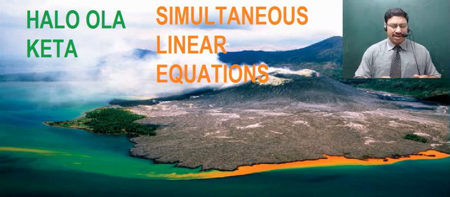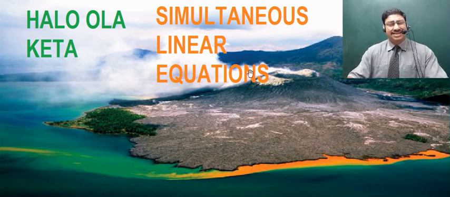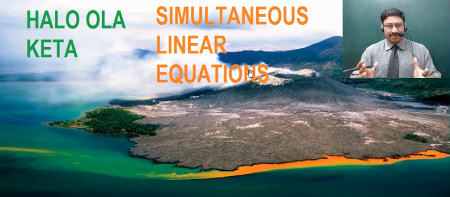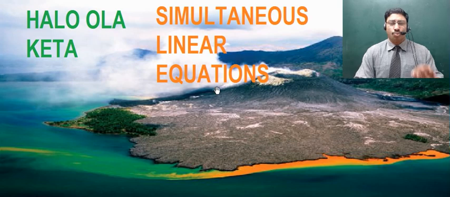In this note, children, I'm again going to say Hello Ola Kita, but this time it is going to be to simultaneous linear equations. When we talk about simultaneous linear equations, the word simultaneous means together. And linear equations are those equations where the power of the variable is just 1.